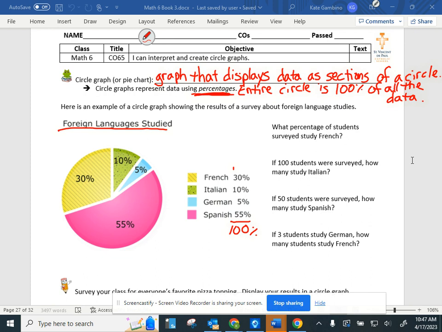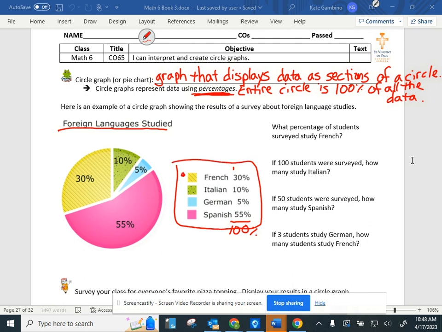So if we look at our questions, we're going to practice reading our circle graph. What percentage of students surveyed studied French? How do I find that answer, James? Yeah, we have to look at our key, right? Over here is the key.